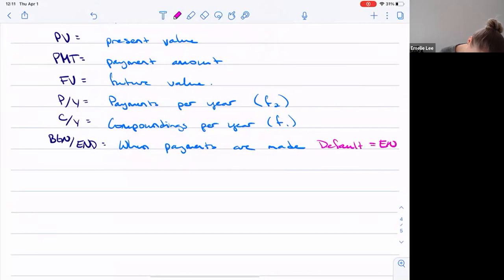Even, or especially, on the final exam, if you are not sure whether it's the beginning or the end, I want you to use the end. If it's supposed to be the beginning, it'll explicitly say, at the beginning of each month, at the beginning of each year, or something like that. But if you're ever not sure, just use end, okay?